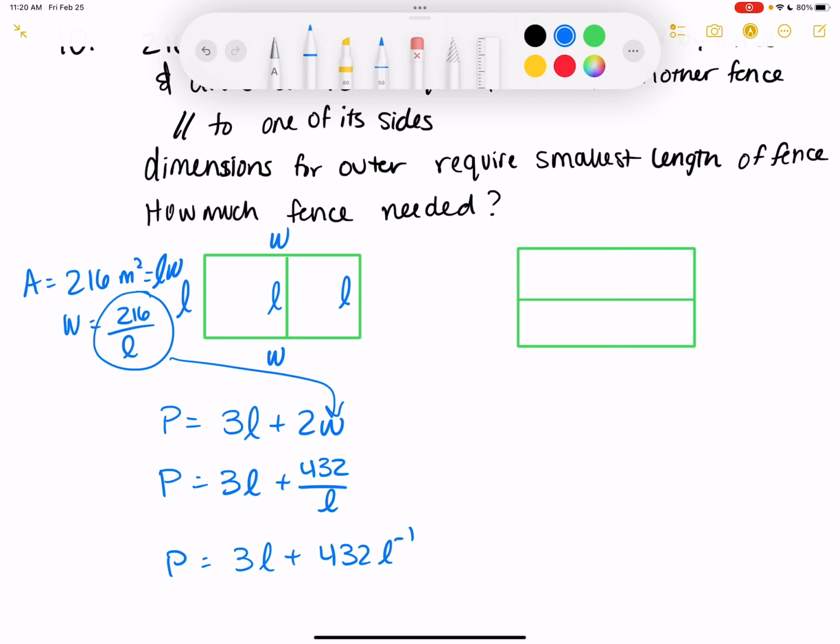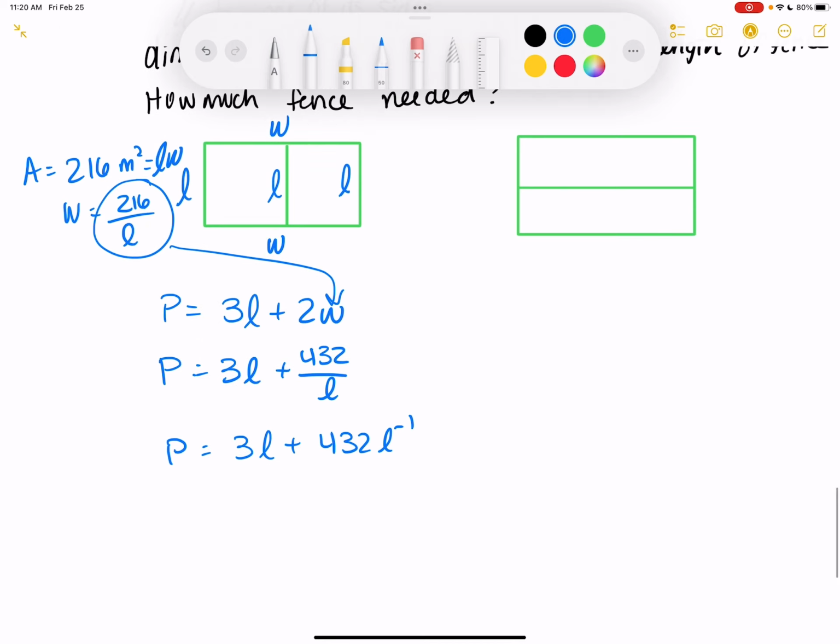So I'm taking the derivative of perimeter with respect to length. So what would that be? Subtract 1.